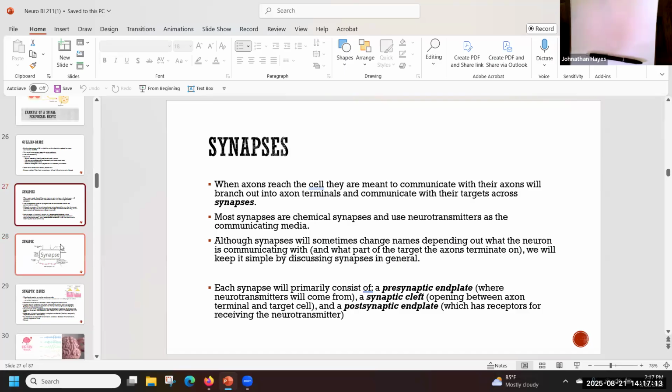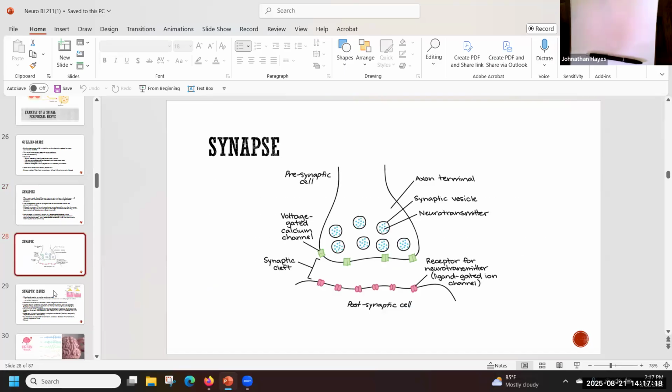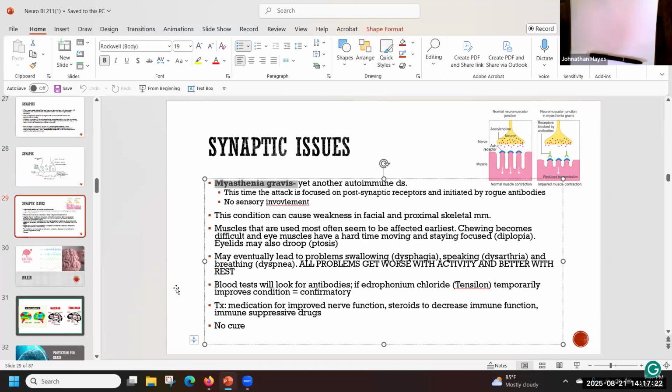Here, myasthenia gravis, which I just mentioned. When I think about that word, I think about progressive weakness or slowing down with the ability to use muscles. This is another autoimmune disease.